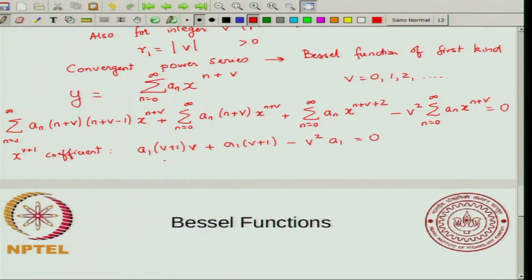So what you get, if you cancel the a_1, is v square plus v plus v plus 1 minus v square equal to 0, and therefore you get 2v plus 1.